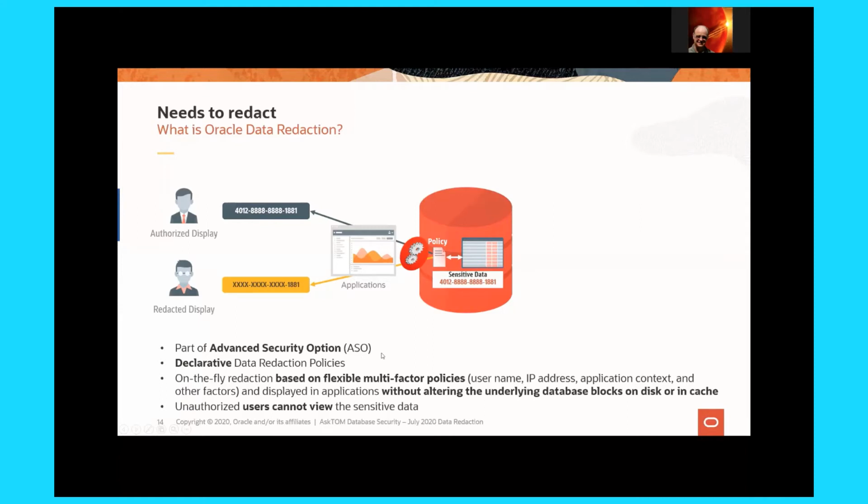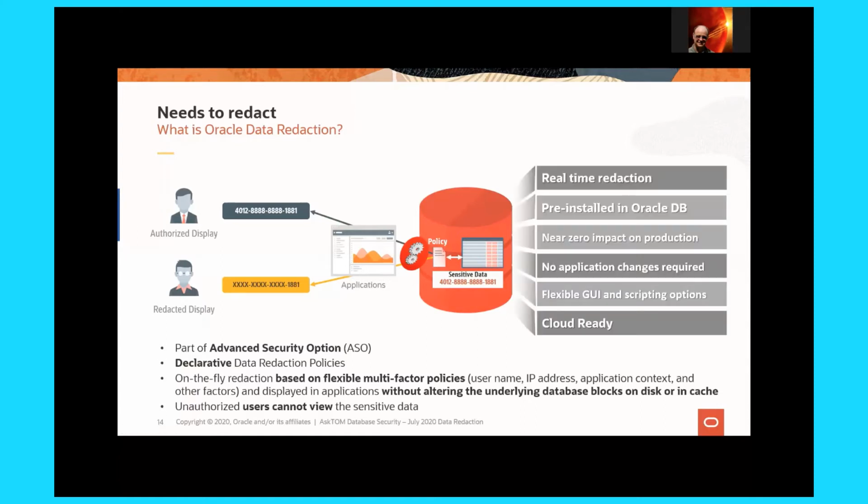But again, it's very important, you just apply a mask format on your result. So you never touch the database block on disk or even in cache. Like that, you will be sure the unauthorized user cannot view the sensitive data.